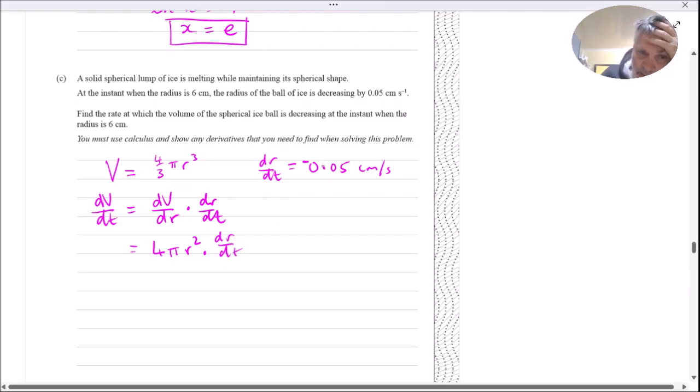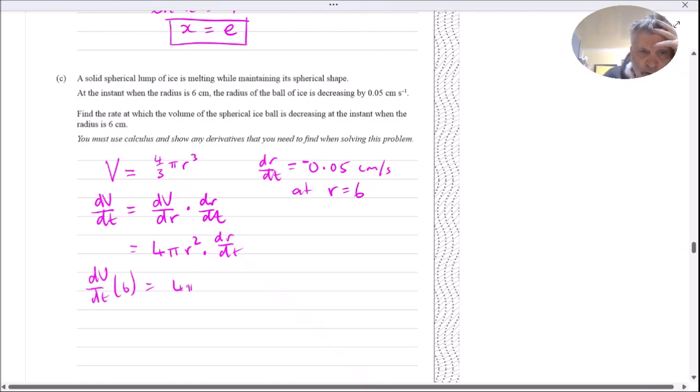We're going to substitute this in, but this is dr/dt at specifically r equals 6. So when we put r equals 6 in here, then we can legitimately put this value in.